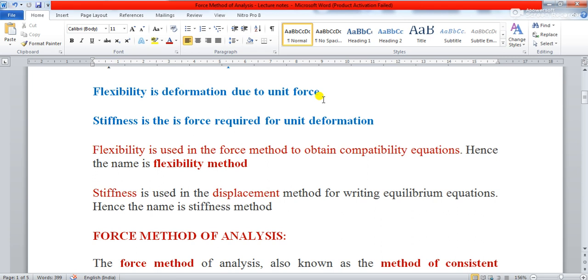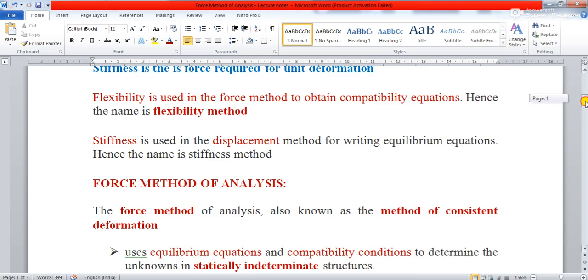Once you know the deformation under the unknown redundant force, from that you get the compatibility equation, and that is why the force method of analysis is also called the flexibility method.